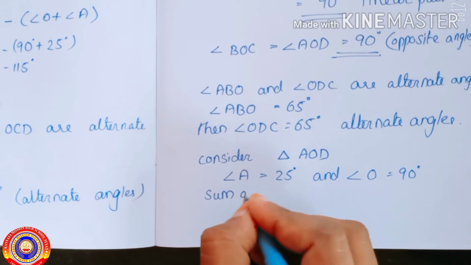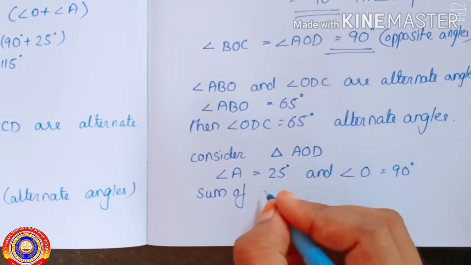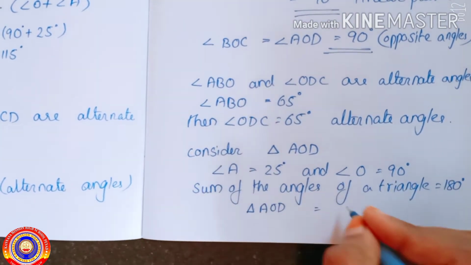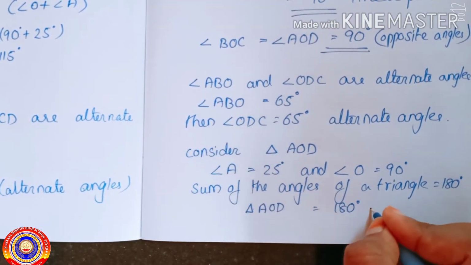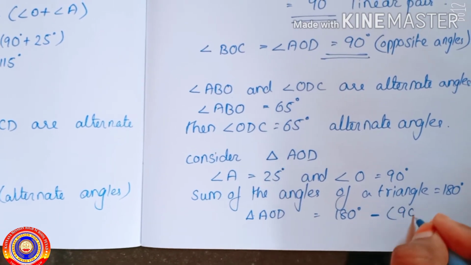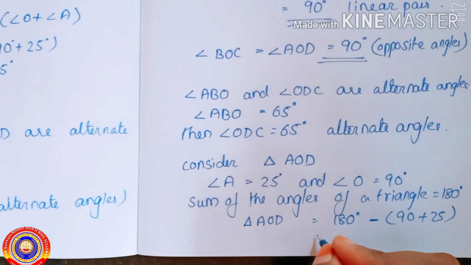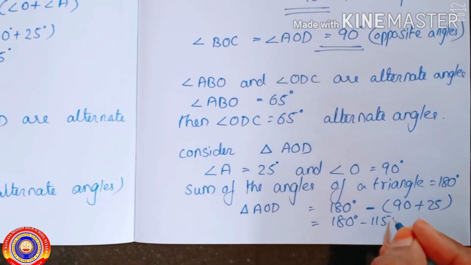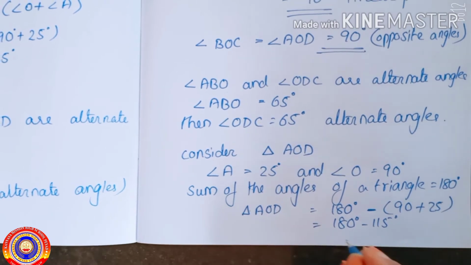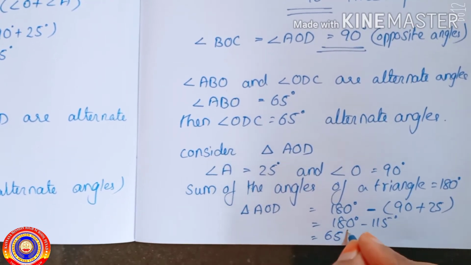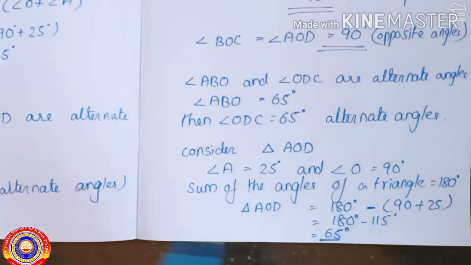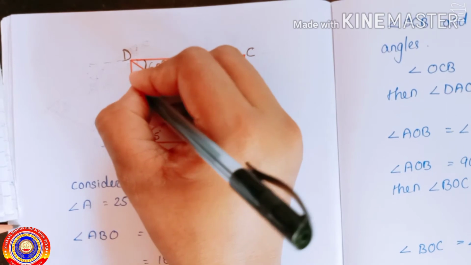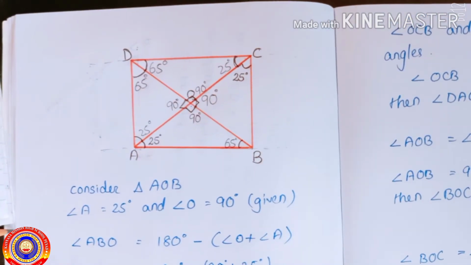So we have to find angle D. We know that the sum of the angles of a triangle is 180 degrees. Then angle D is equal to 180 degrees minus (90 degrees plus 25 degrees), that is 180 minus 115, which is equal to 65 degrees. So here we got the third angle measurement as 65 degrees.